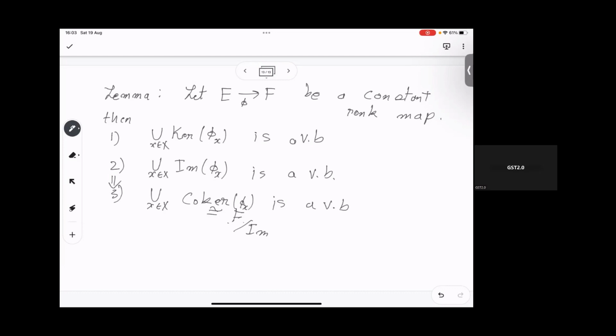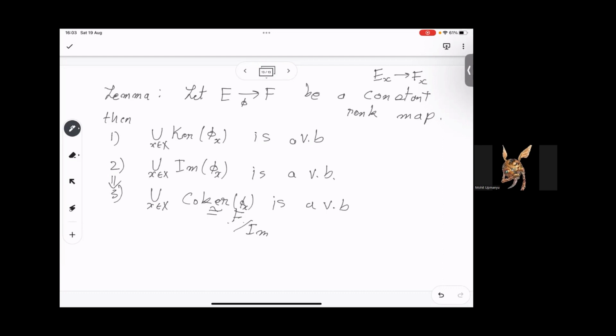So what is the constant rank map? Okay, so remember, we have Ex, so it's a vector bundle, and both are vector bundles. That means for every fiber there's a vector space homomorphism Ex to Fx.